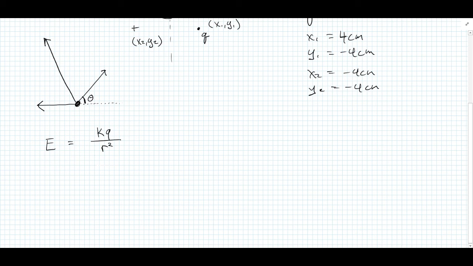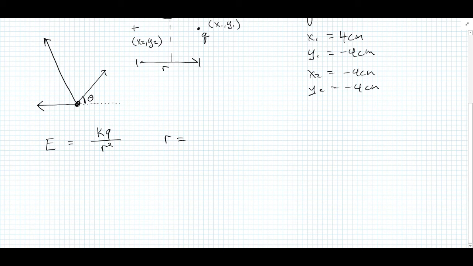Now this r squared is the distance between the charge that I'm looking at and the place that I'm actually observing the field. So r, in this case, is going to be this distance here, right? That's the distance between the point that I'm observing the field and the charge that's creating the field.